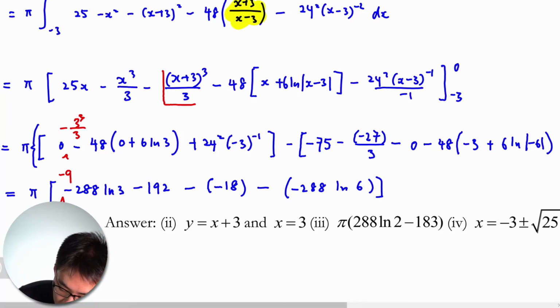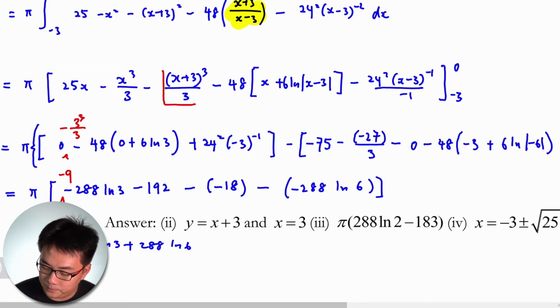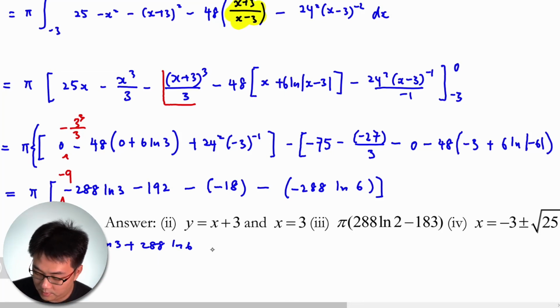This will then be pi times minus 288 ln 3 plus 288 ln 6. You could factorize this. This would be minus 183.